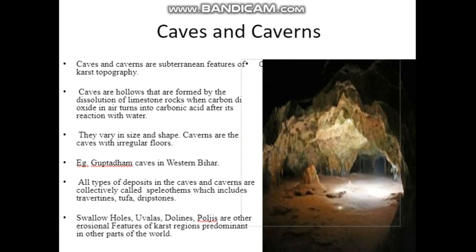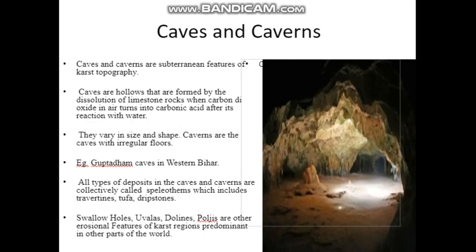So all types of deposits in the caves and caverns are collectively called speleothems, which include travertine, tufa, dripstones. Deposit means what?